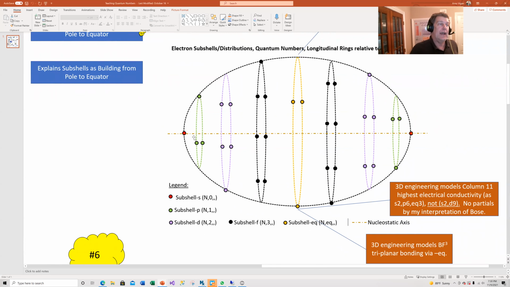And as a result, I have full, full, full, full, and full. But guess what? With those 3 at the 11 at the equator, they're sticking out. They are in the band gap distance, and they become electricity. So using this longitudinal model, you can find and understand electricity.